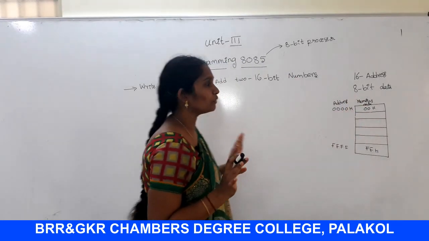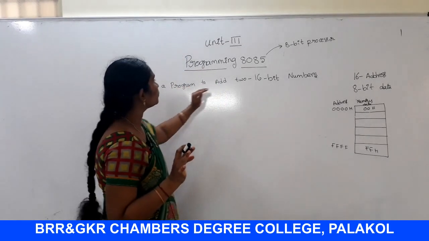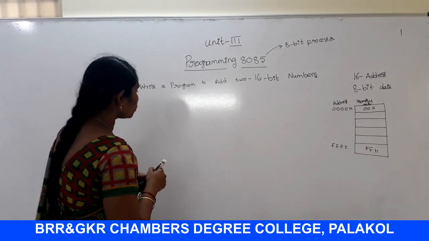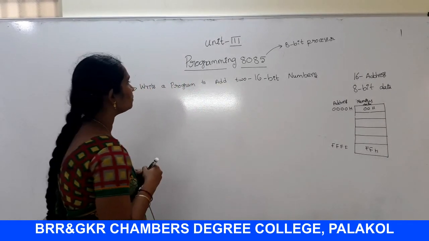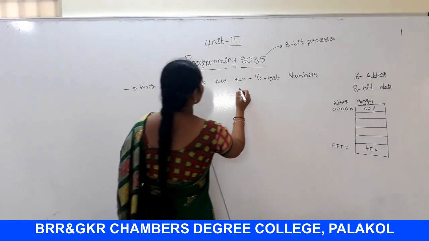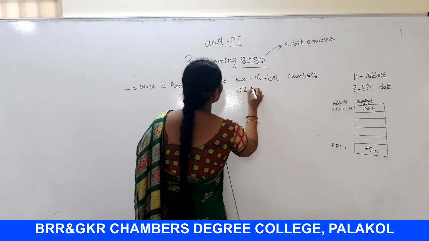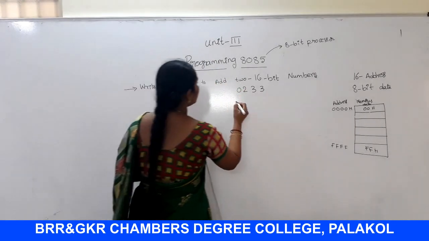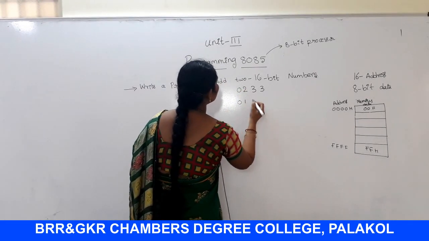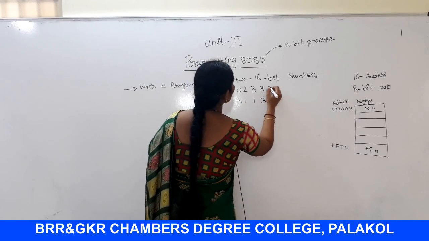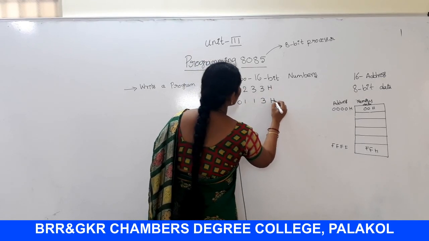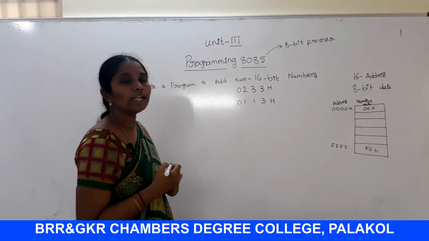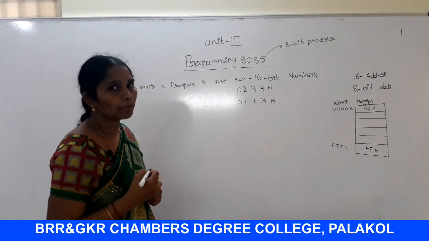Now we will write the program to add two 16-bit numbers. I consider the two 16-bit numbers to be 0233, which is one 16-bit number, and the next one is 0113. Those are all hexadecimal values, because the microprocessor can understand only hexadecimal numbers.